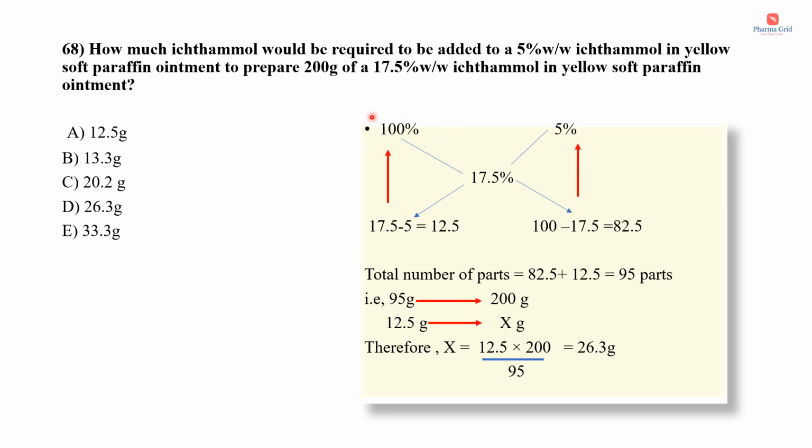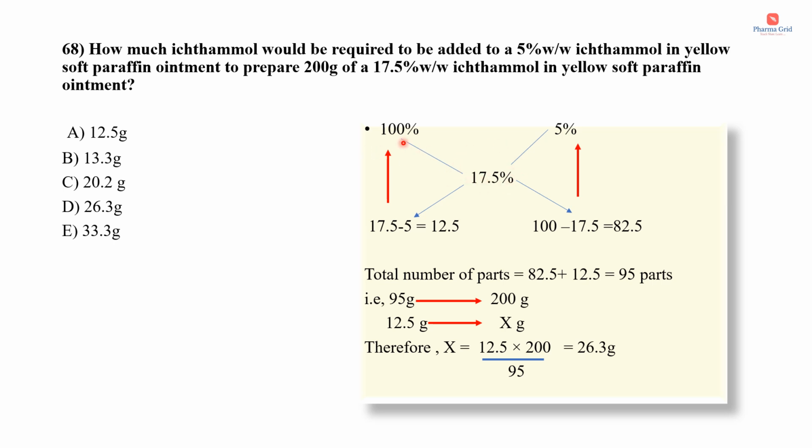So here we took the higher concentration as 100% and the lower concentration as 5%. The required percentage is 17.5%, because in the question we need to prepare 200 gram of a 17.5% weight by weight ichthammol.